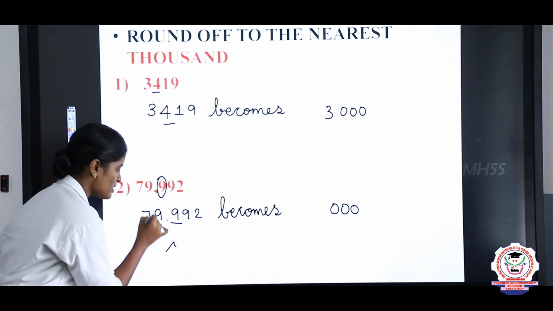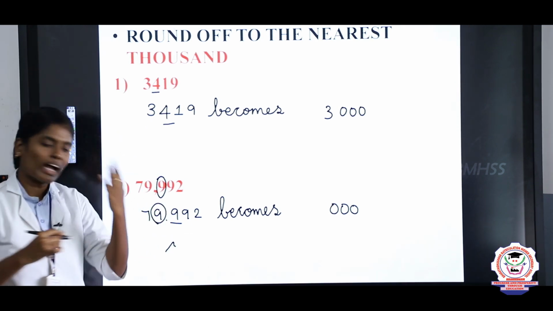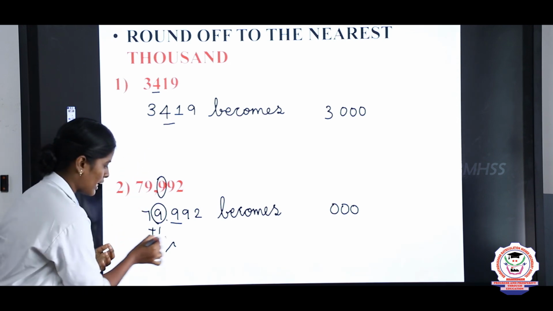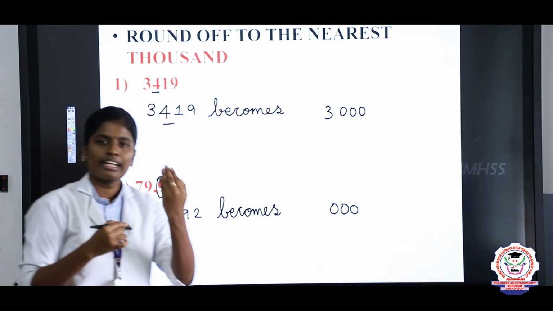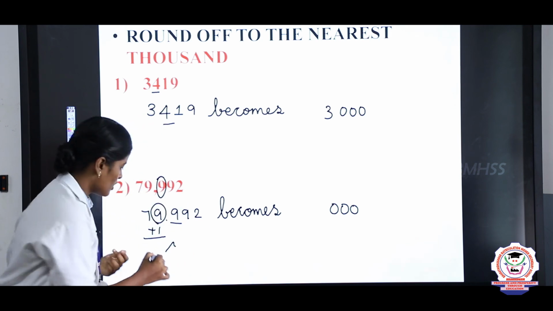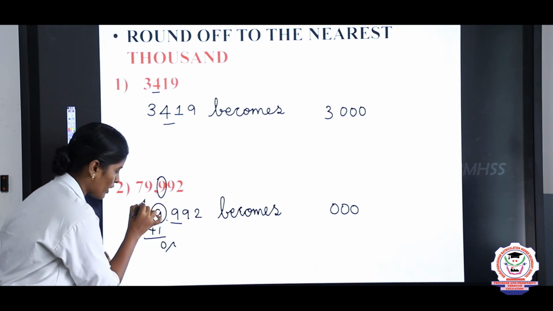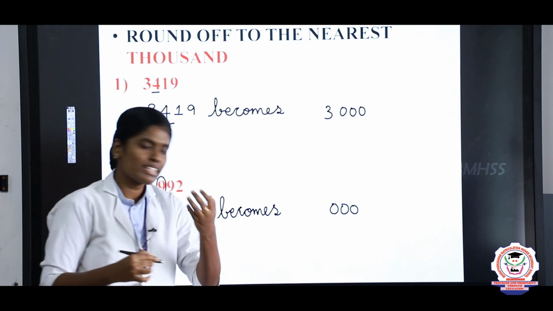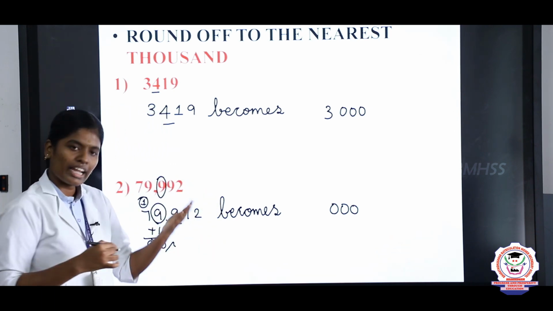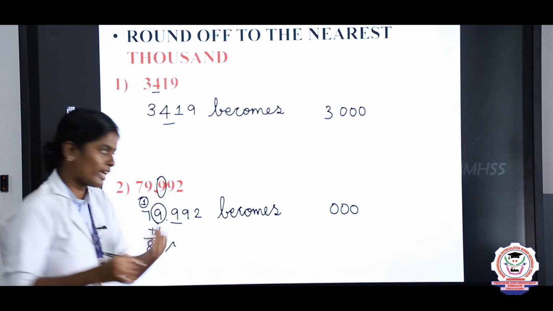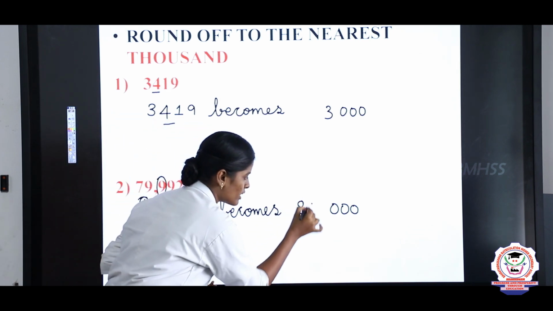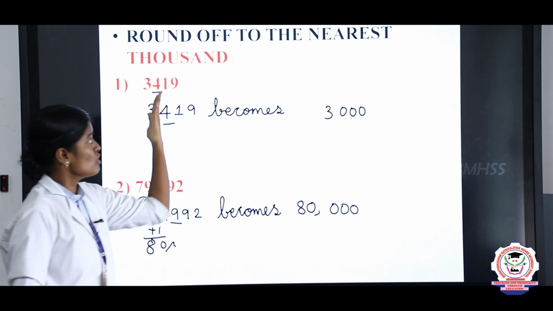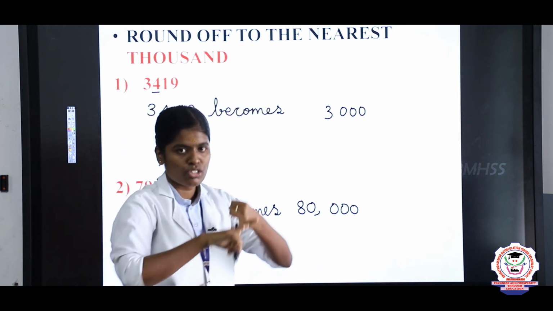So in the thousands place value, add 1 or increase 1. Take this 9 in the mind, 1 in the finger. So what is the answer? 9 plus 1 is 10, so 0 carry 1. 7 plus 1, the answer is 8. So 79,992 becomes 80,000.